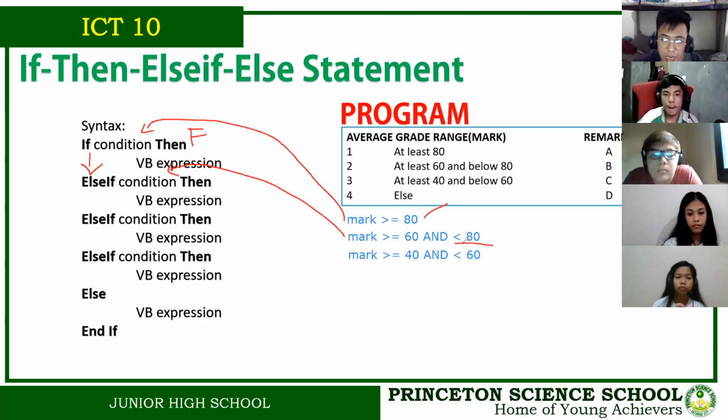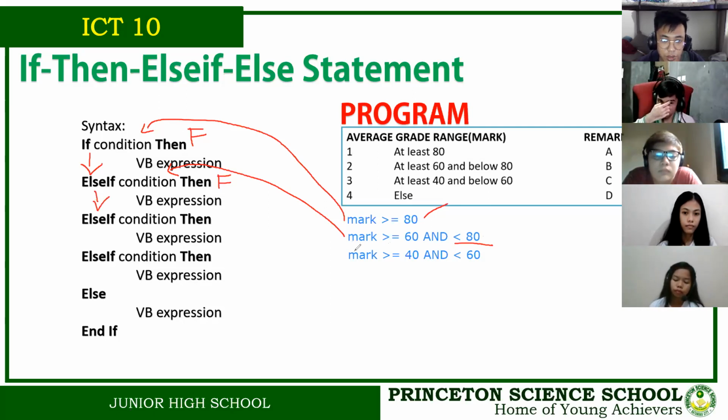So we include this second condition so that it limits itself to until less than 80. Okay, so let's say that this condition is also false. Then we'll go to the next else if.